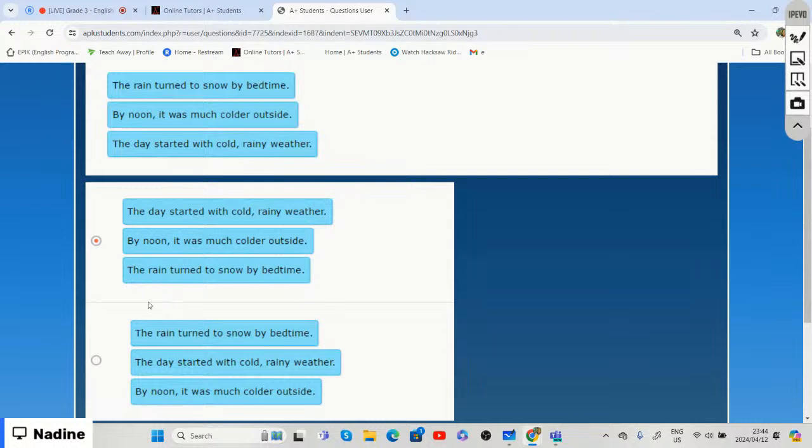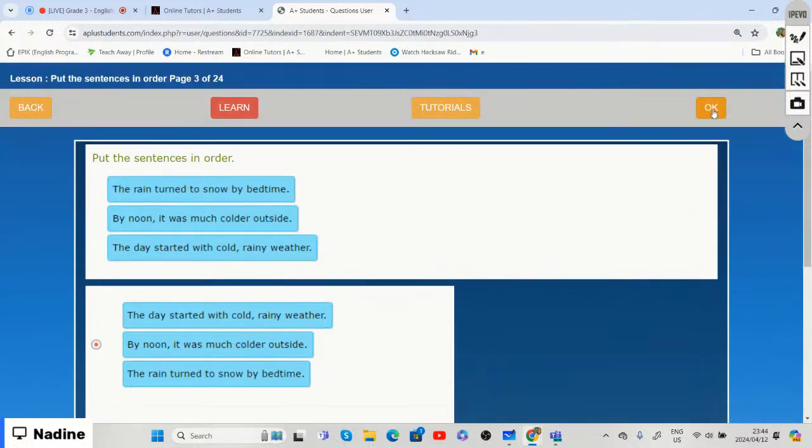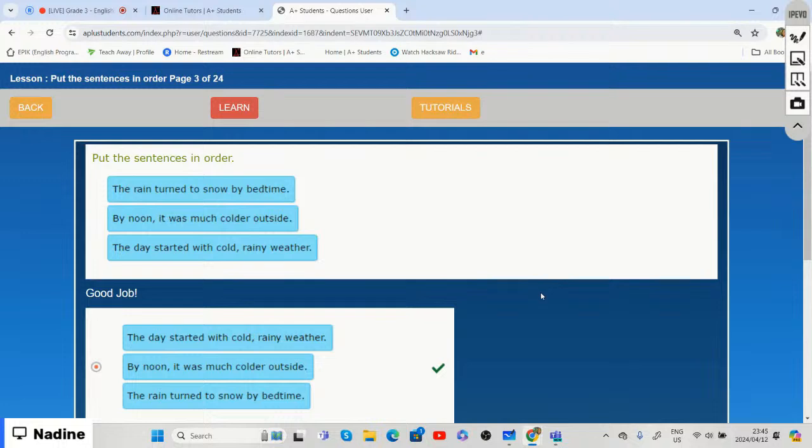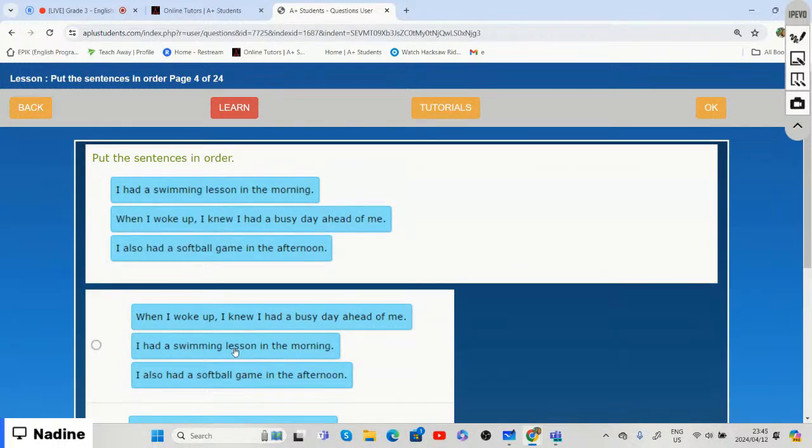And then the rain turned to snow by bedtime. So the morning it was rainy and cold, then the afternoon it was much colder, and in the evening it turned into snow, right? So well done. That option is correct, right?